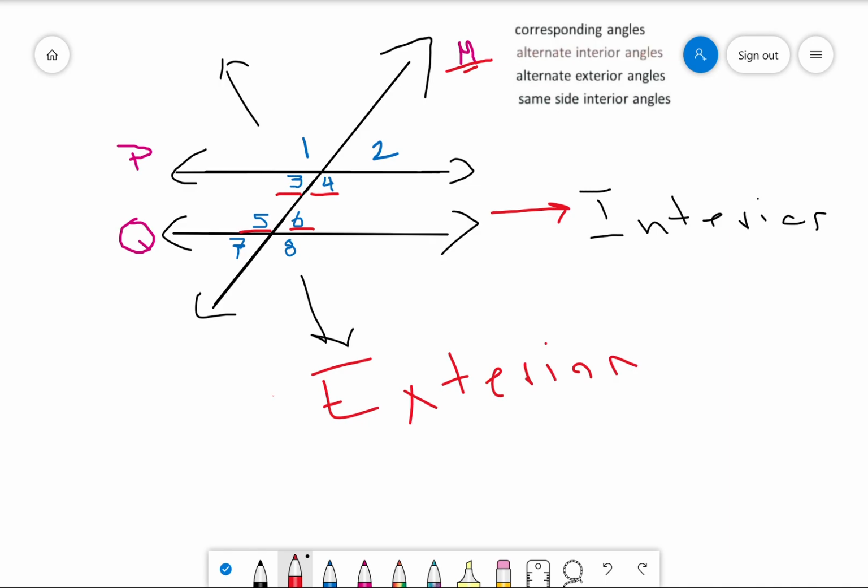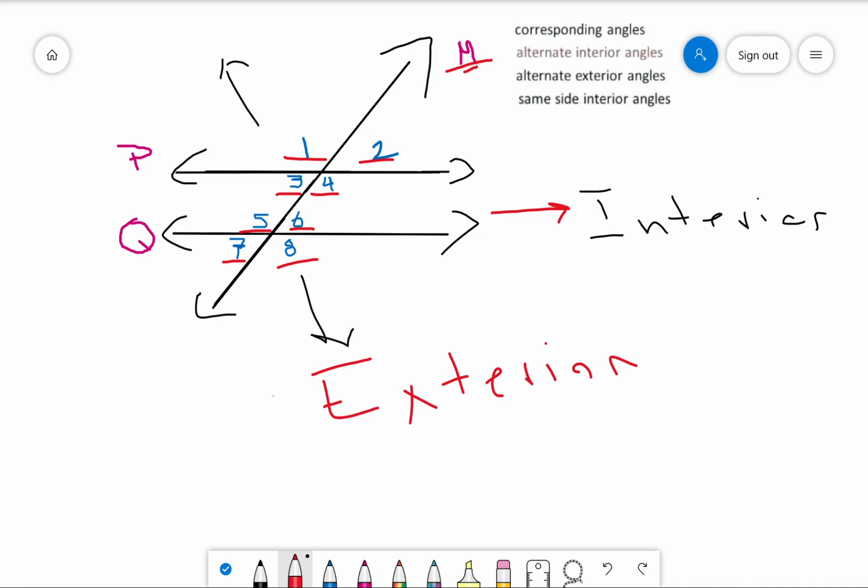So what are alternate exterior angles? As you have guessed by now, alternate exterior angles are outside of the parallel lines. Angle 1 and angle 8 are alternate exterior angles. Angle 2 and angle 7 are also alternate exterior angles.